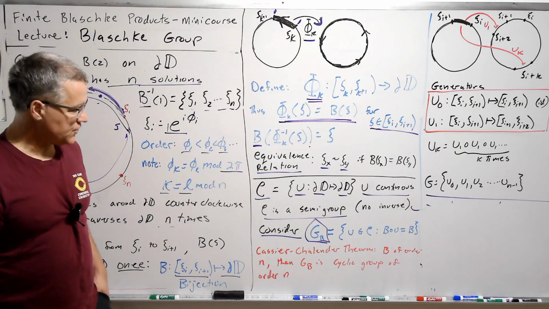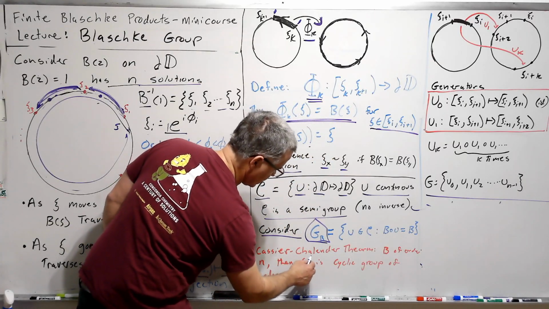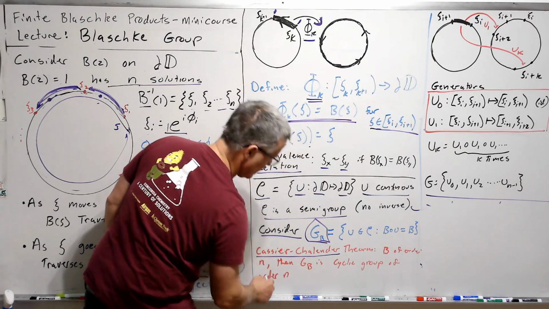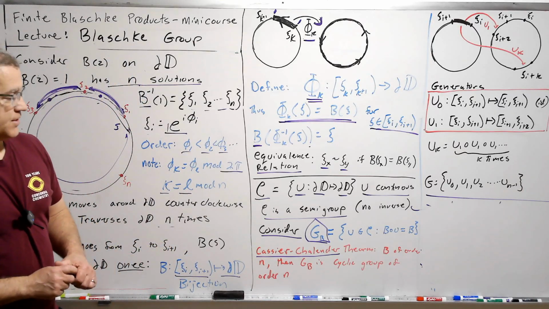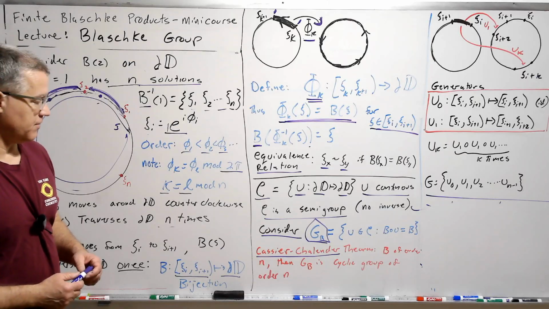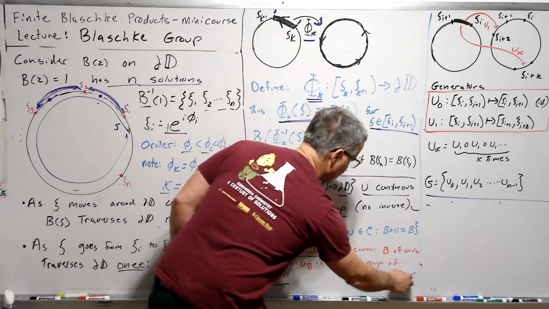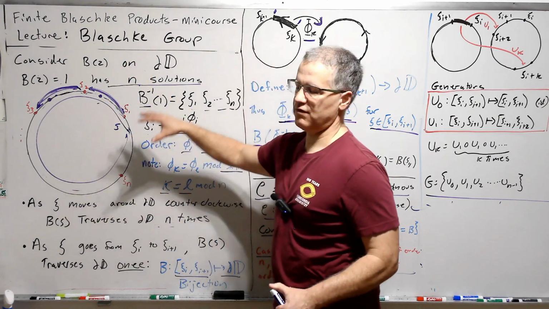And there's this theorem, the Cassier-Chalendar Theorem, that says if B is a Blaschke product of order n, then GB is a cyclic group of order n. That's kind of interesting, and we can see it putting itself together over here.